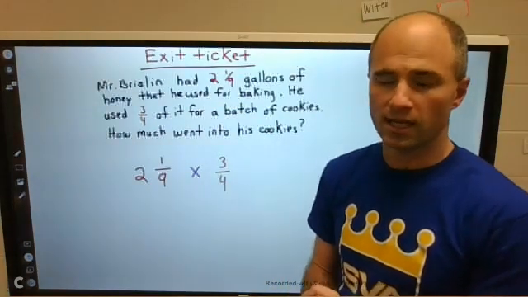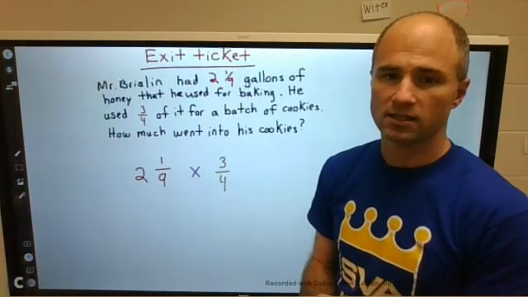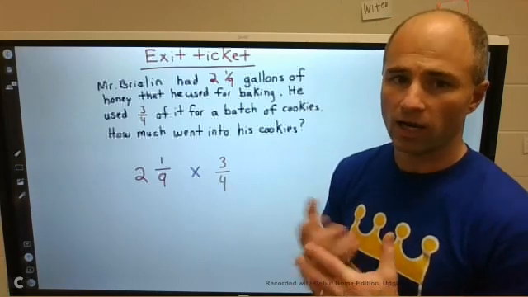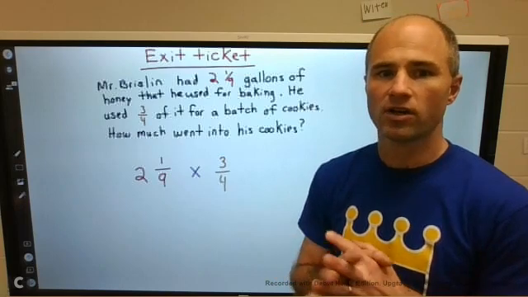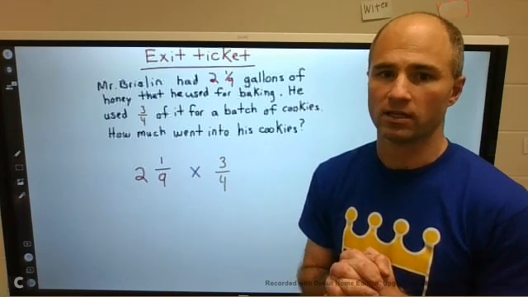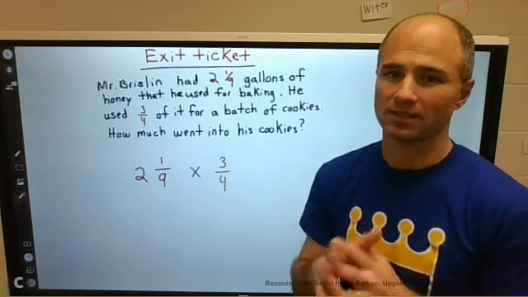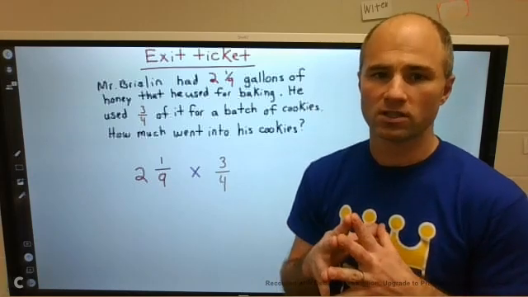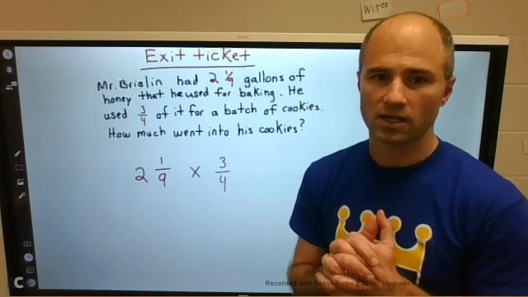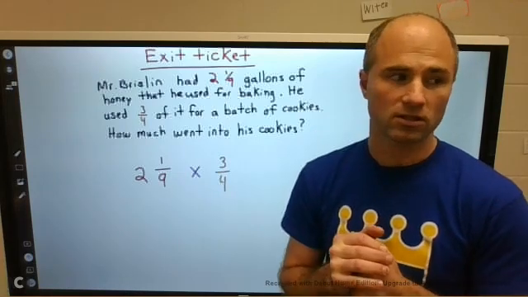So yesterday's exit ticket for NTI 6 read this way. Mr. Brislin had 2 1/9 gallons of honey that he used for baking. Love honey. Don't actually have that much honey. He used 3/4 of it for a batch of cookies. How much went into his cookies?